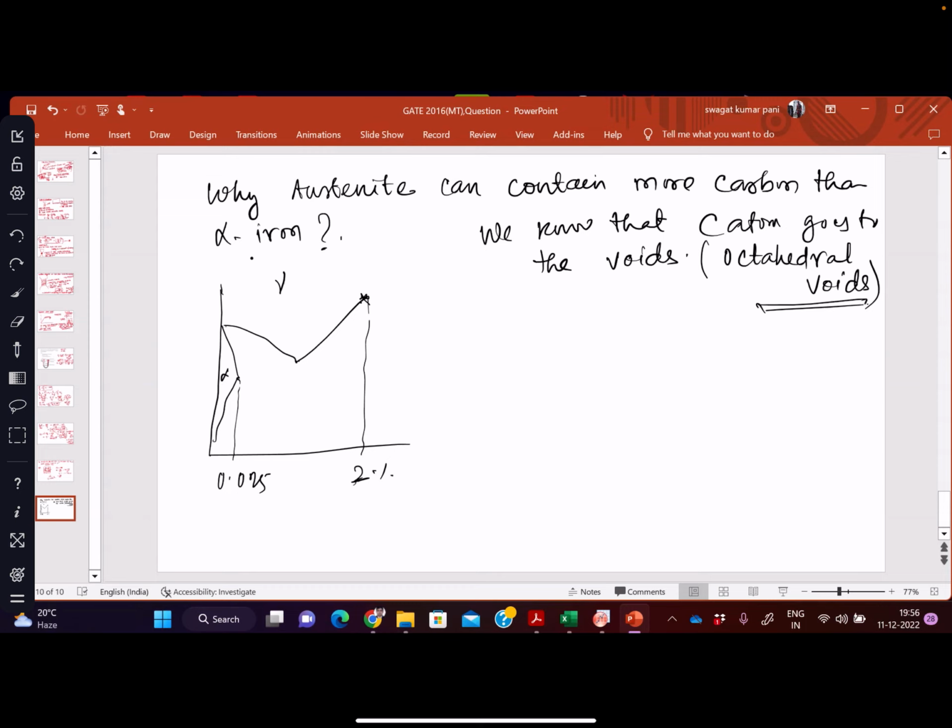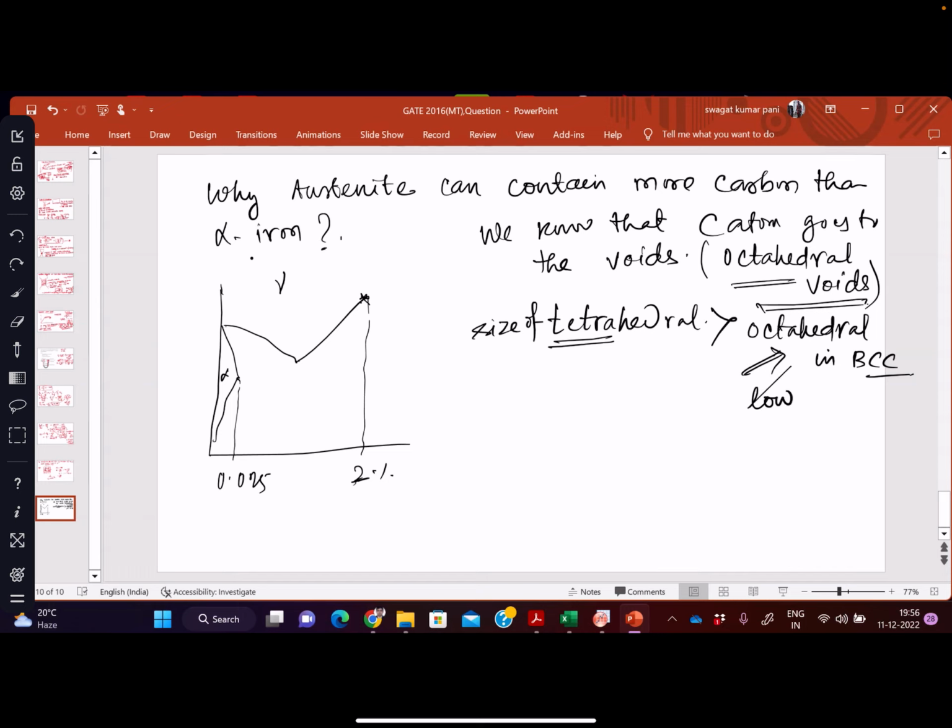And in BCC, even if the size of the tetrahedral void is bigger than the octahedral void, still the carbon atom goes to the octahedral voids. Why? Because this has low distortion, so that minimizes the strain energy. But still, why such a huge difference, like 2% to 0.025?